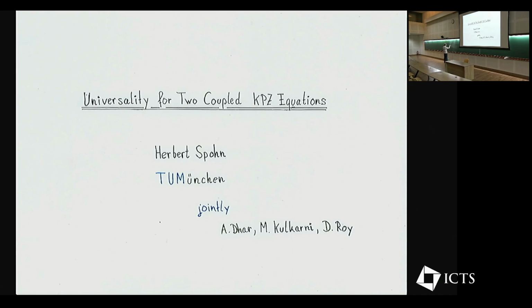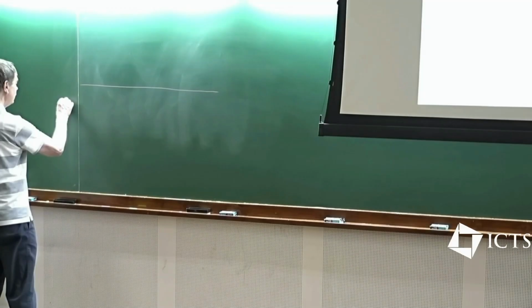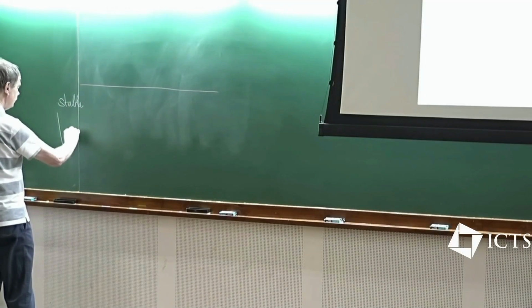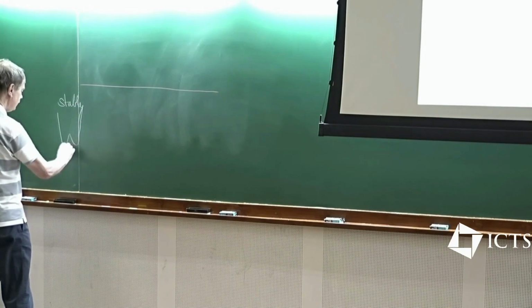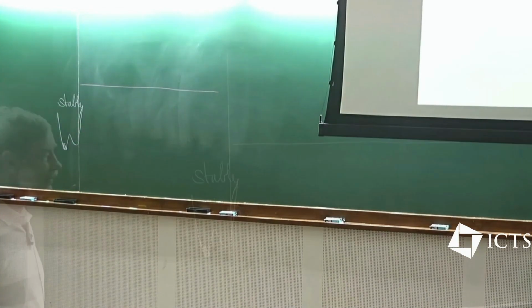So here you have an interface, okay? And it's a two-dimensional film, and in the lower part, you prepare the system in a stable state. So if you think of some free energy, something like this, the system locally is sitting in the minimum, okay?